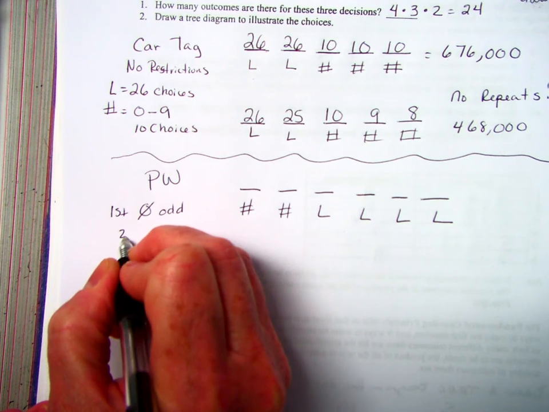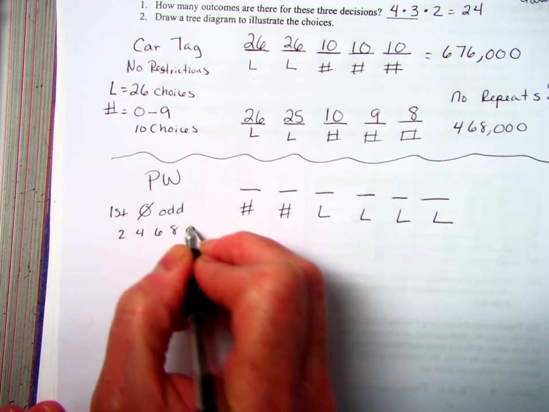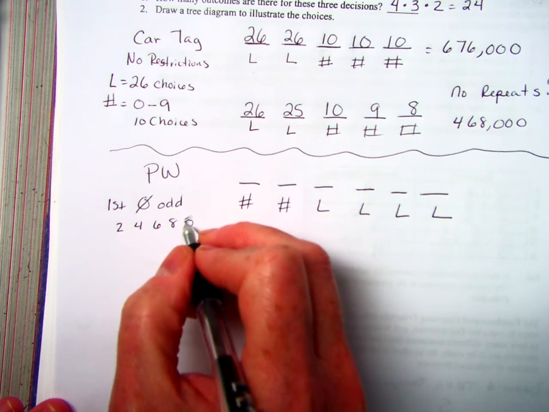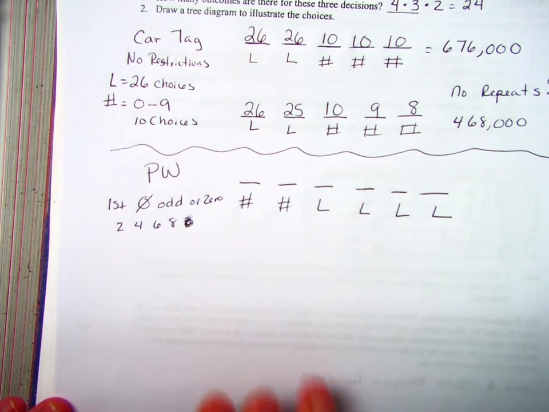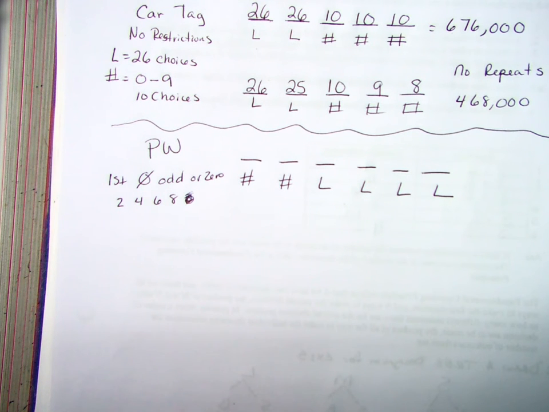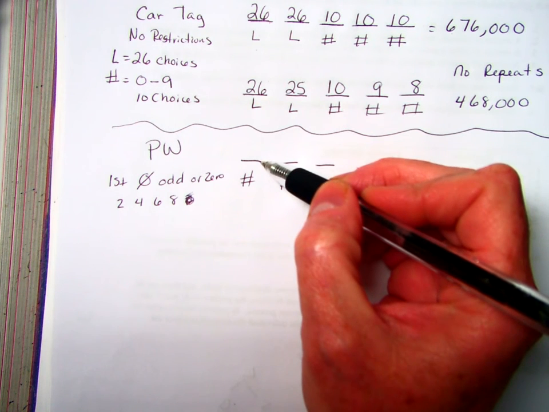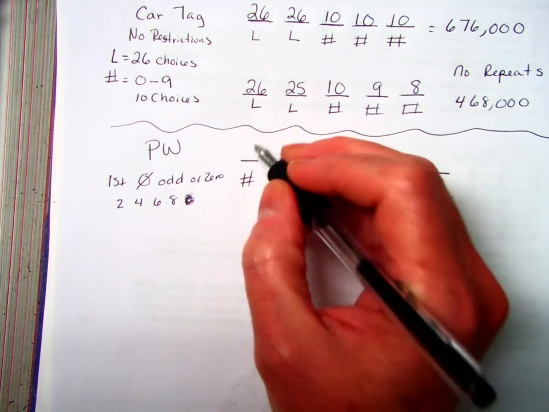You have 2, 4, 6, 8, and a 0. Let's say it can't be odd or 0, that way we'll not worry about it. So how many choices for the first number if it can't be a 0 and it can't be odd? 4.